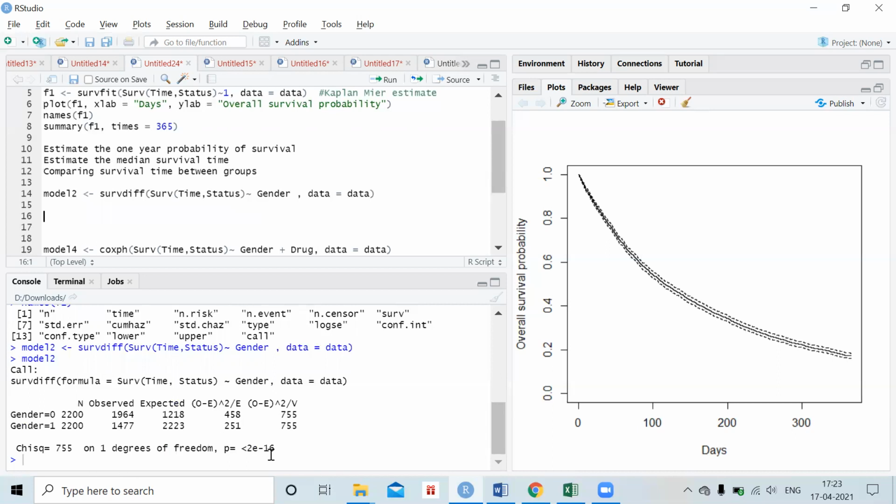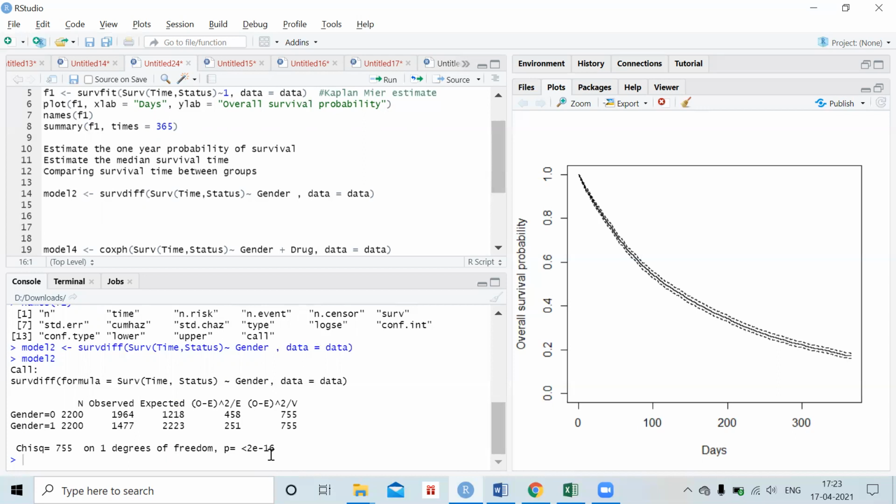If you see, the p-value is less than 2e-16. The H0 says there is no difference in survival probability for the two groups, and H1 says there is a difference. Since the probability is almost 0, which is less than 0.5%, we can say that there is a difference between the survival probabilities of the two groups.